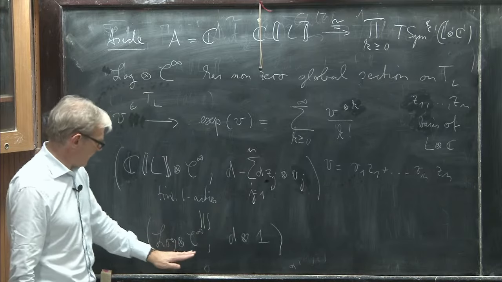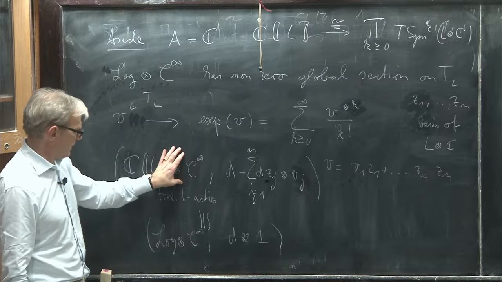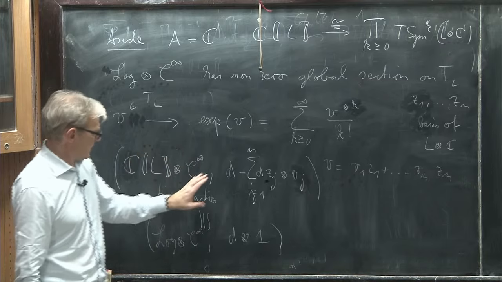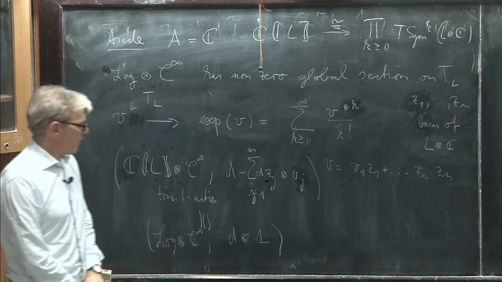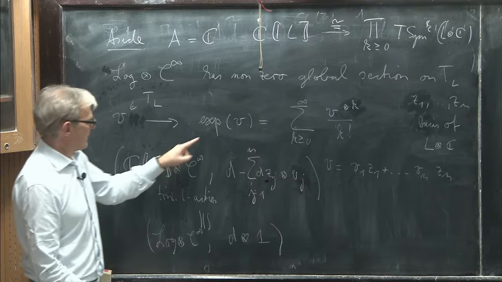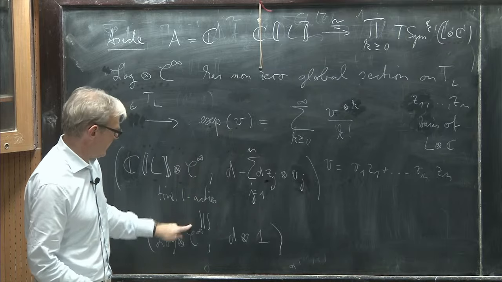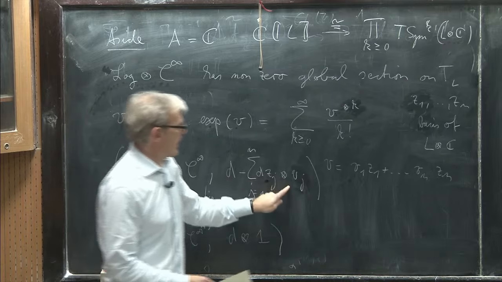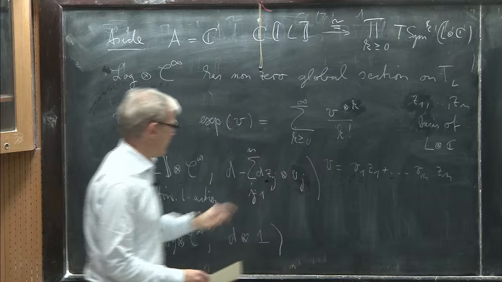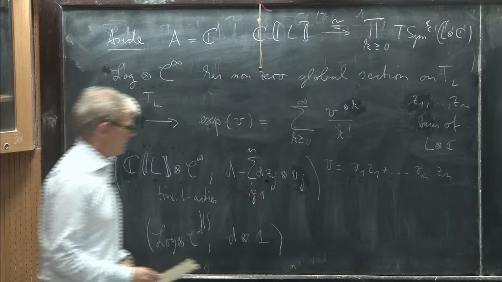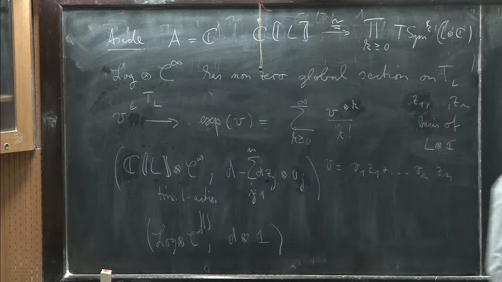If you trivialize that bundle, you get exactly trivial coefficients with this differential operator. You see it by differentiating this section, and then via this expression you get exactly this differential form showing up.